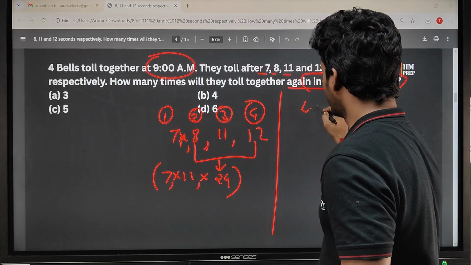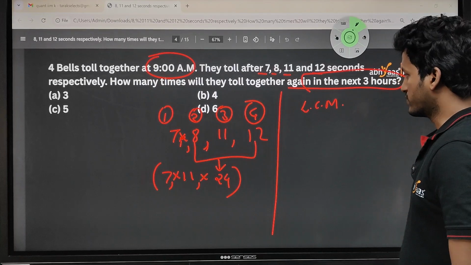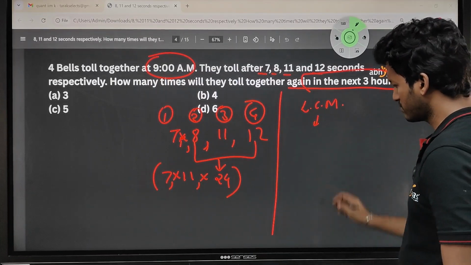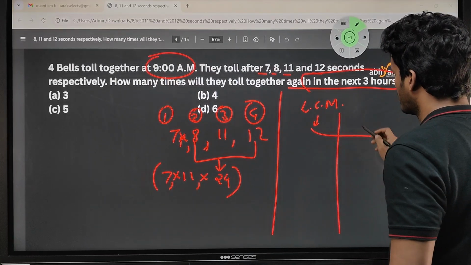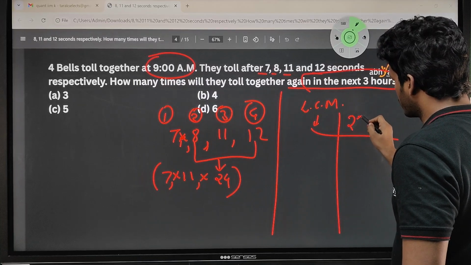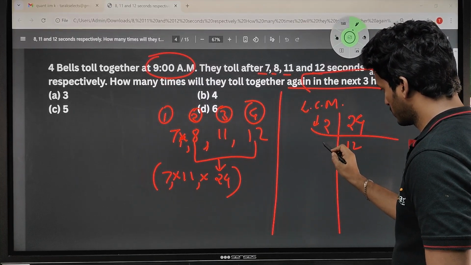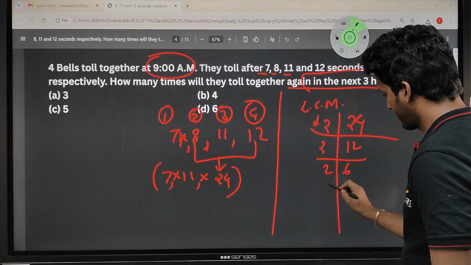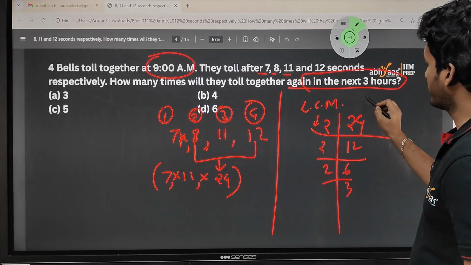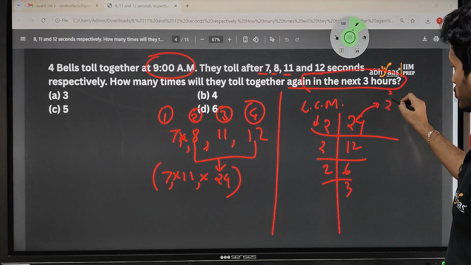LCM can be found in two ways. One is the prime factorization method. If I give you a number like this, you can prime factorize it first. If I write 24 in prime factorized form, it will be 2 cubed into 3.